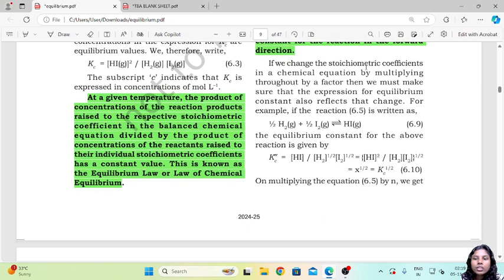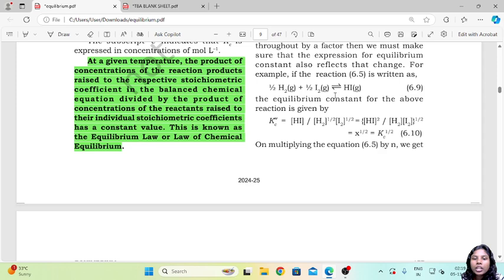So if we change the stoichiometric coefficients in a chemical equation by multiplying throughout by a factor, then we must make sure that the expression for the equilibrium constant also reflects the change. So whatever changes are happening, whatever stoichiometry is changing, has to be reflected in the equilibrium expression, or else the values will go wrong.